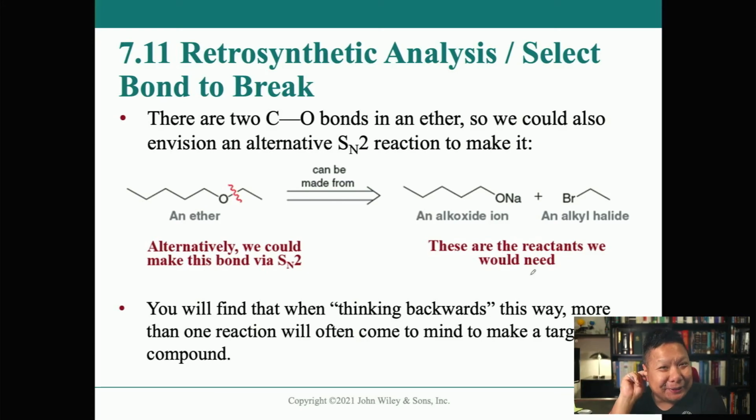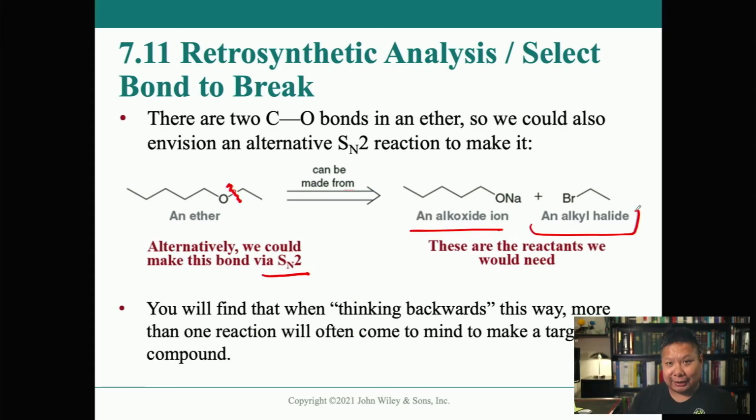So there are two carbon-oxygen bonds in an ether. So we could also envision an alternative SN2 reaction to make it, right? This time, the bond that we're going to make is formed on that side. And we can do that with SN2 by using an alkoxide ion right here. And this time we'll have an alkyl halide.